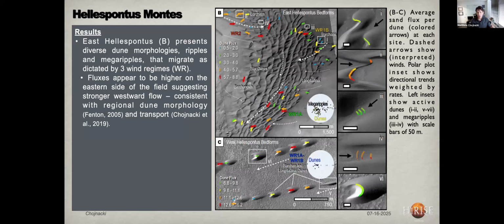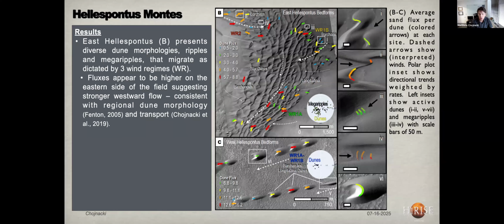So for East Hellespontus, that's this top plot in B, we documented a diversity of dune morphologies, ripples, and megaripples that are migrating in these three different wind regimes. Wind regime 1A is kind of towards the west, wind regime 1B is a little more to the southwest, and then meanwhile, wind regime 2 is going to the east.